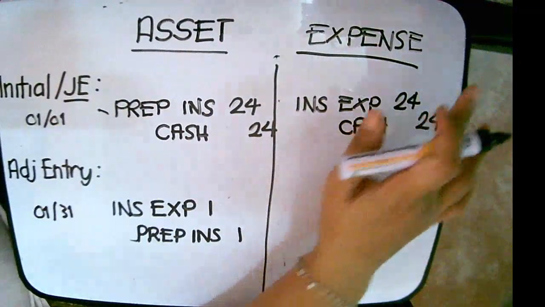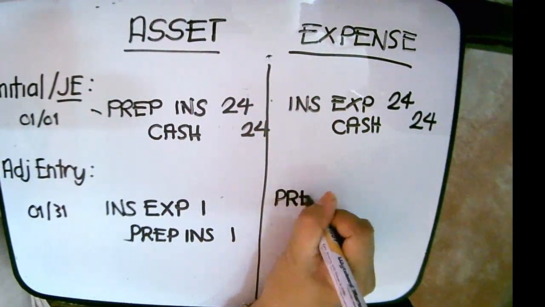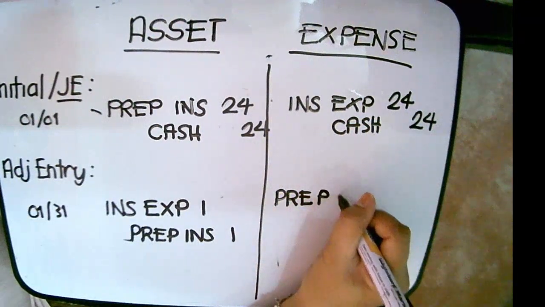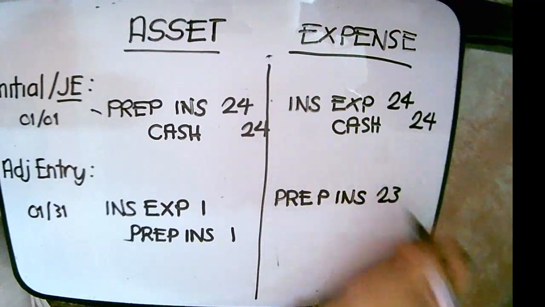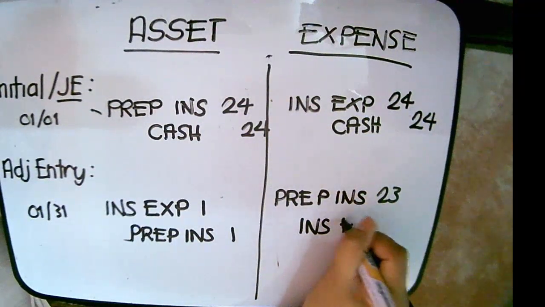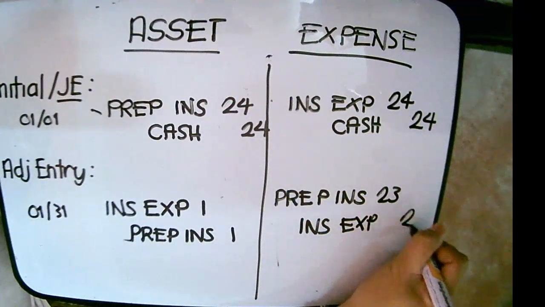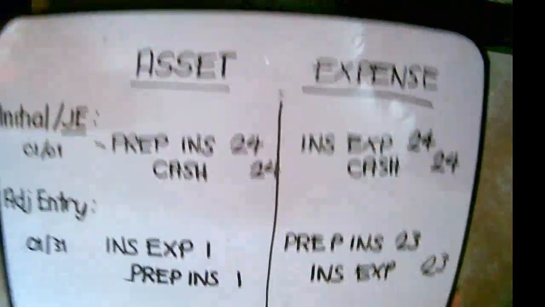So, para ma-adjust, our entry would be a debit to prepaid insurance of 23,000 and a credit to insurance expense of 23,000 pesos.